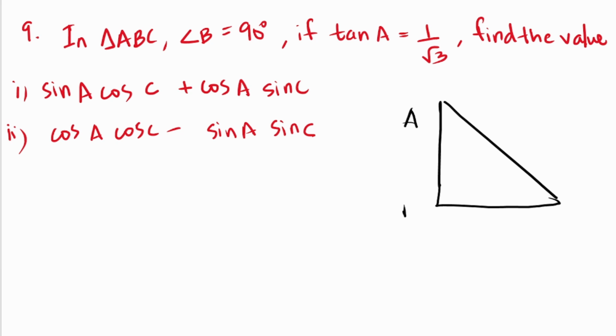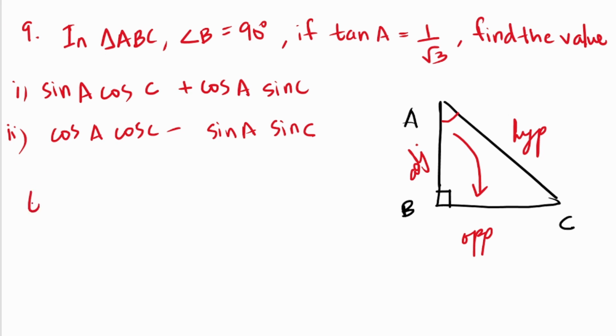This is A, B, C, and it's right angled at B. The ratios are with respect to the angle A, so we'll mark over here. With respect to angle A, BC is the opposite side, AB is the adjacent side, and this is the hypotenuse.